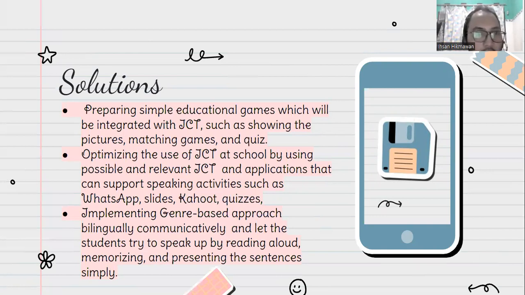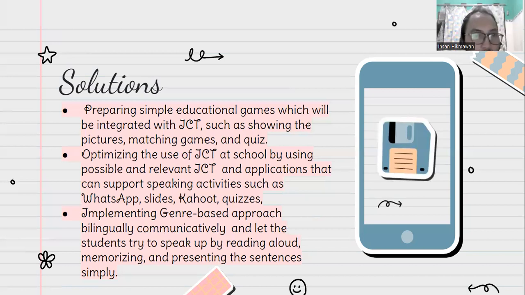The first is preparing simple education schemes that can be integrated with ICT, which is very important because it can give a good effect and make the atmosphere in the classroom good, such as showing pictures, matching games and quizzes, and simple communications in English.